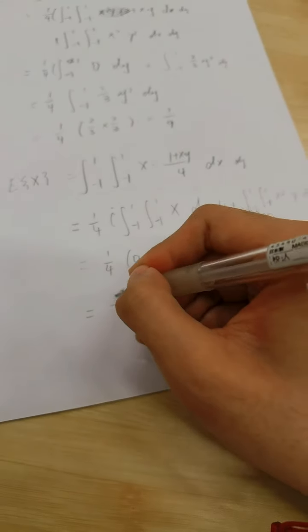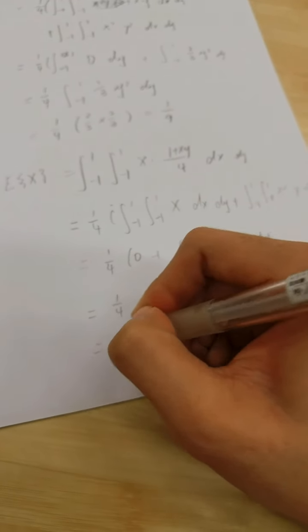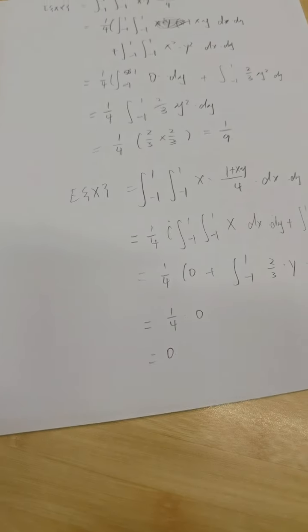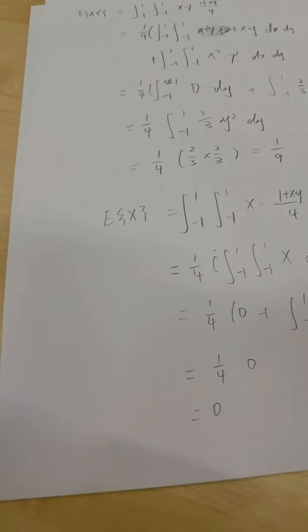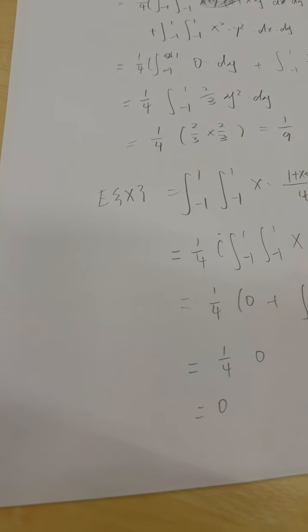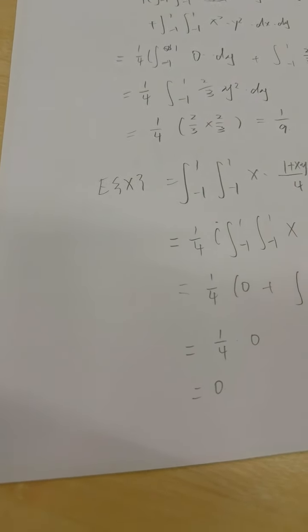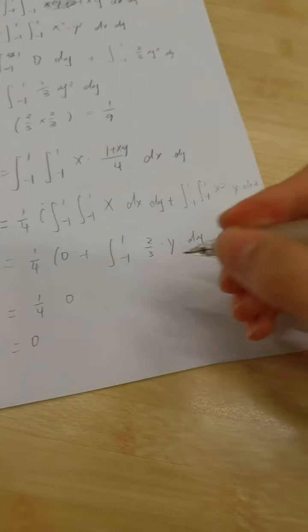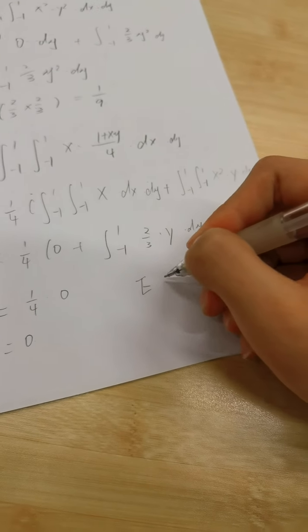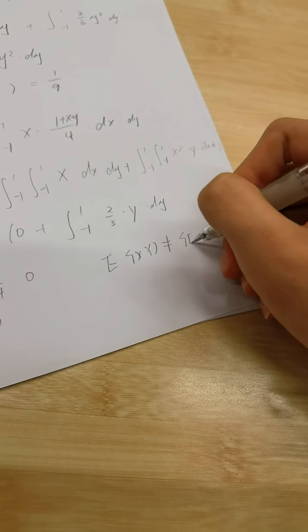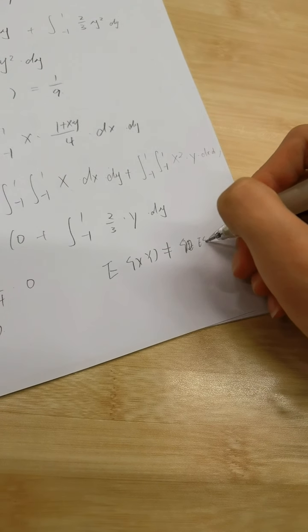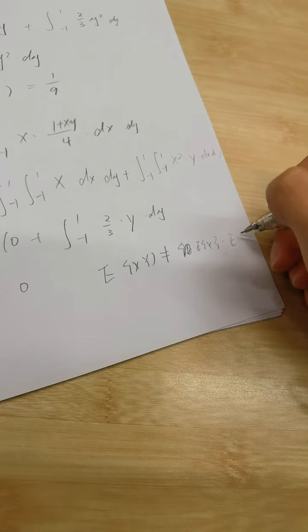So 1 over 4 times 0 is 0, and E[X] is 0. When we calculate that E[X] is 0, we don't need to calculate E[Y], because E[X] times E[Y] is 0 also. So we get E[XY] unequal to E[X] times E[Y].